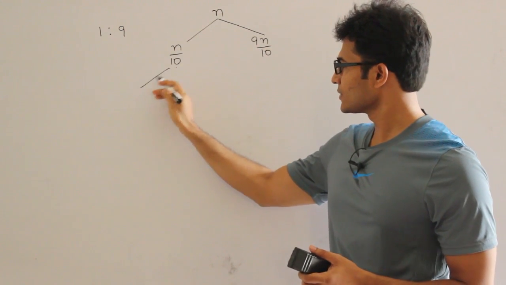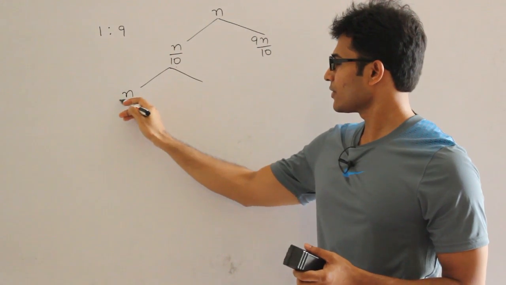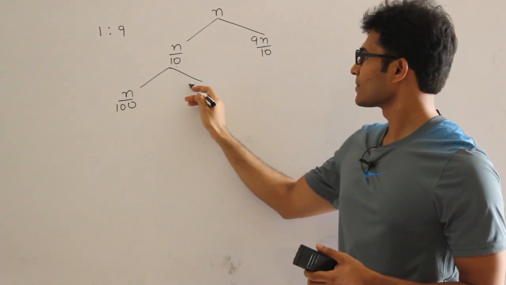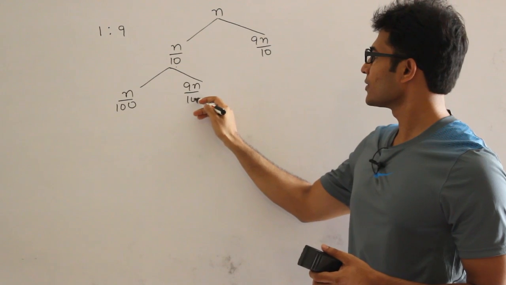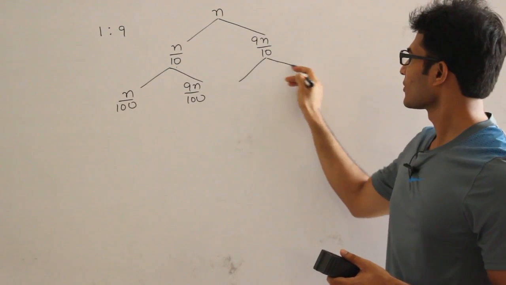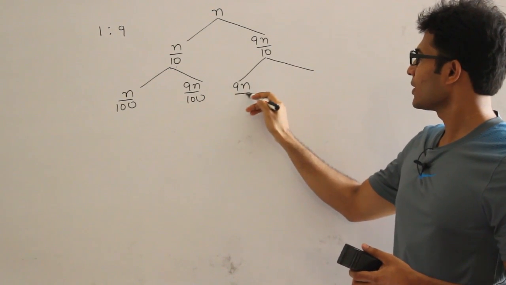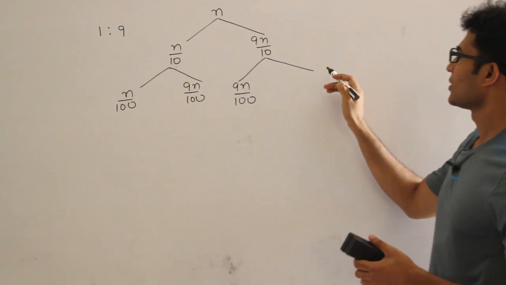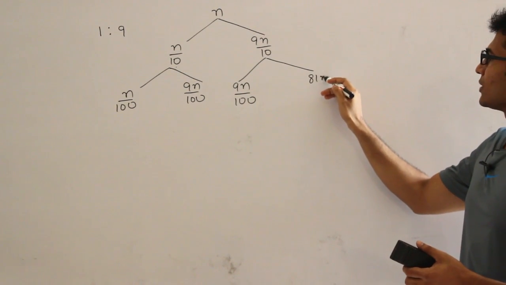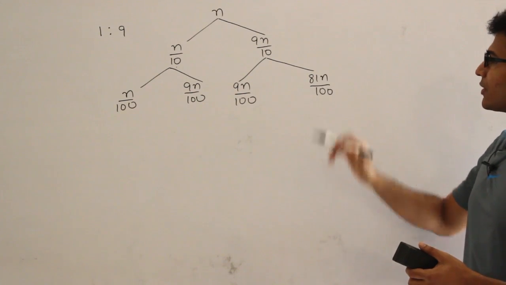Then what happens is n/100, 9n/100, 9n by 100, right, 81n by 100, right.